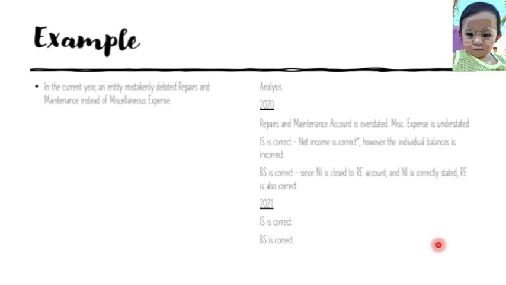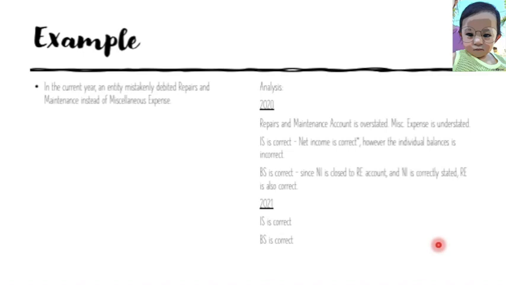Either you put them in repairs and maintenance or in miscellaneous expense, it will not matter because they are all expenses. Thus, your net income is correct. However, the individual balances are incorrect. The balance sheet is correct since net income is closed to the RE account and the net income is correct, then the RE is also correct. Since it does not involve any other balance sheet accounts, it does not affect the balance sheet at all.